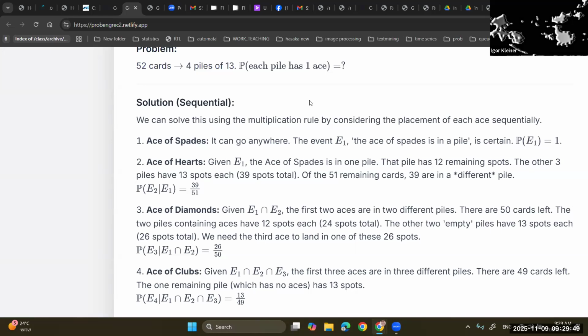Let's suppose the heart is here. What is the probability that the ace of diamonds will not be here and here?